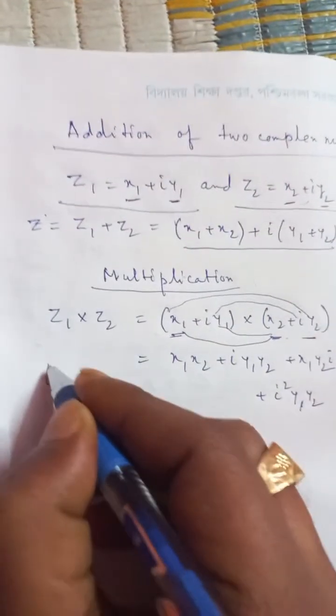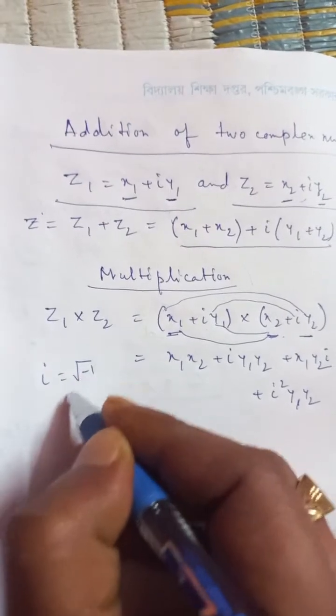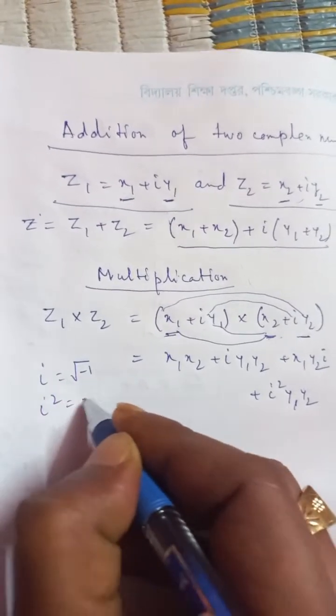Since iota is root over -1, iota square is equal to -1.